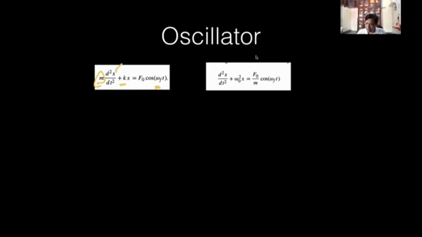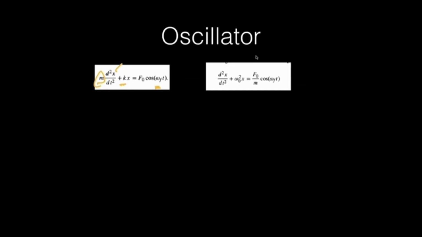Okay, so how many parameters do I have in the system? Can somebody tell me how many parameters? You know what is a parameter, no? So there are variables which are x and t, but there are parameters, okay, which define the equation.